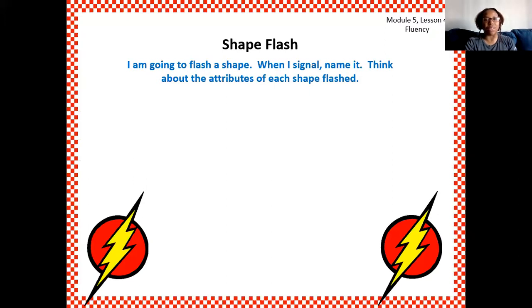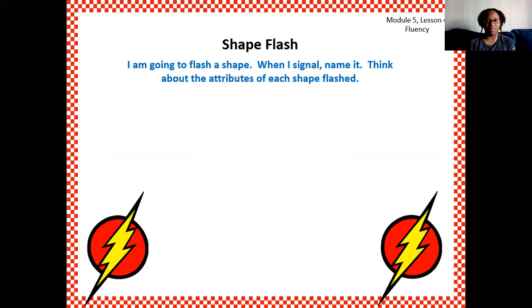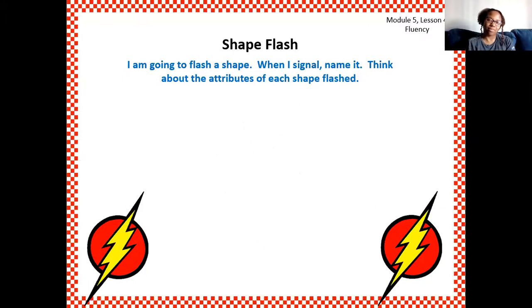Now, I might throw another one in there, so make sure you look very carefully. Here's our next shape. What do you think? It was a rectangular prism. Now that one was a little sideways.